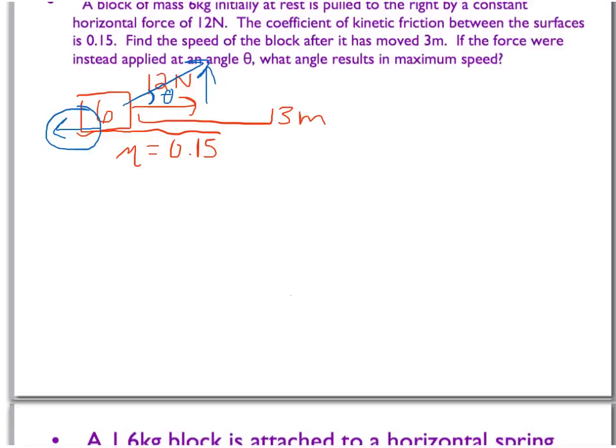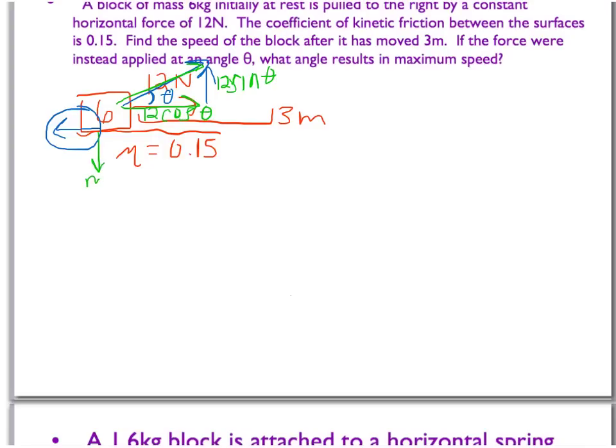Let's begin by analyzing some of these forces. We know that we have the component of the 12 Newton force in an upward direction being 12 sine of the angle theta, and the component of the force pulling it across the surface is now 12 cosine of the angle theta.